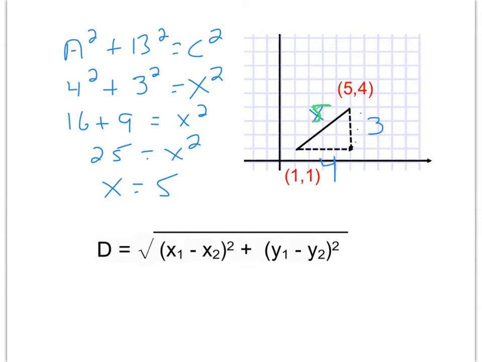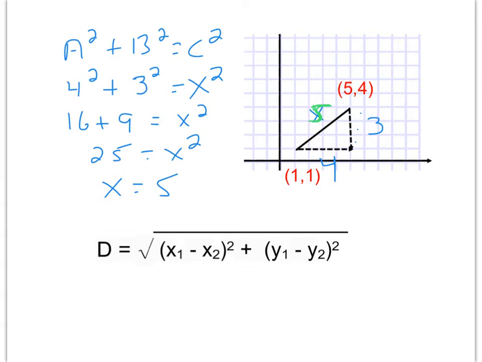Now, looking at the distance formula, what I did here is I subtracted to get this distance of 4. So let me write this out here. Let me get my pointer. This distance right here was 4, and I can also subtract my x's. The change in x's is 5 minus 1, which is 4.